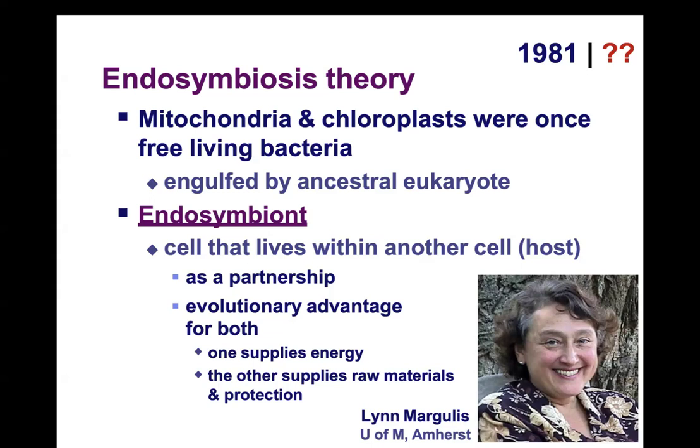But some of the smaller prokaryotic cells had ended up specializing to make use of energy in different ways. So early prokaryotic cells at some point evolved the ability to harness sunlight energy to make organic molecules. So the first very rudimentary photosynthetic pathways.